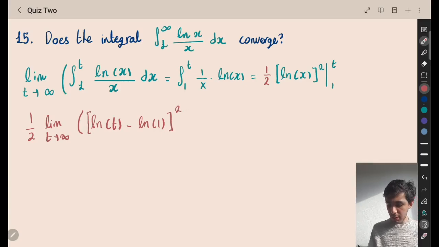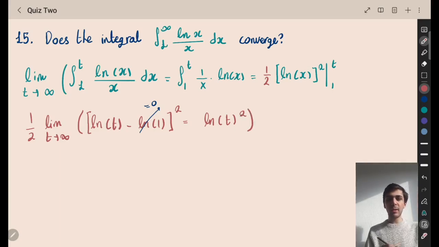This is being squared. ln of 1 is 0. So what we have on our hands here is ln of t squared. And we're taking the limit of ln of t squared as t goes to infinity.